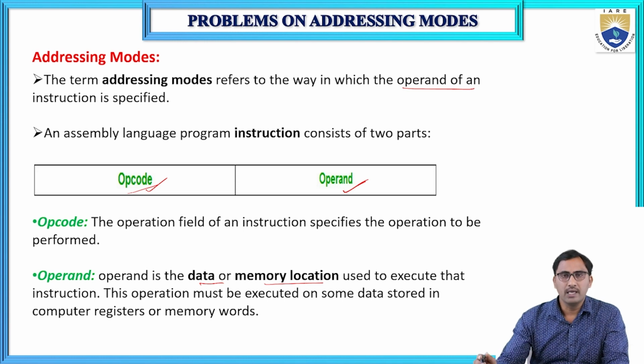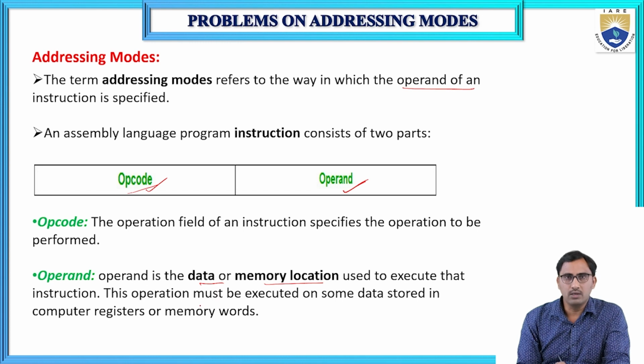In general, we store the data in registers, or sometimes in memory locations. So mainly it has these two fields, opcode and operand.